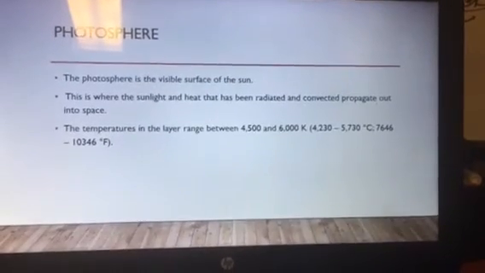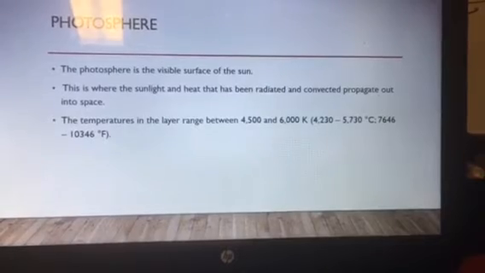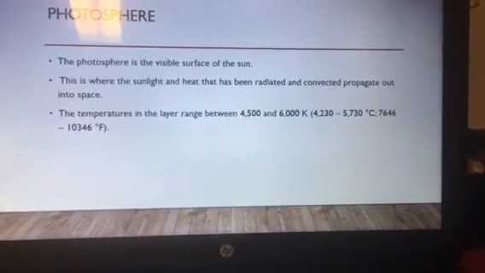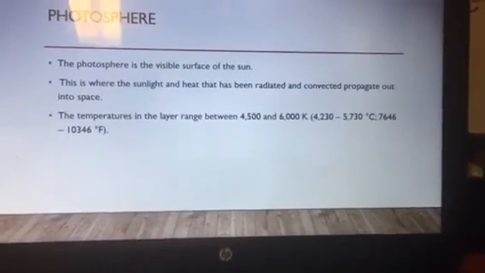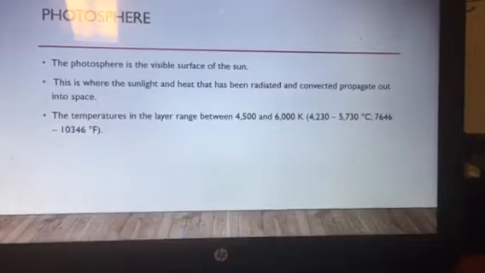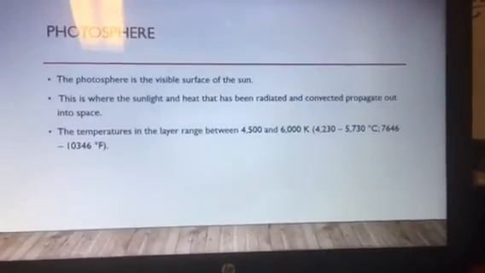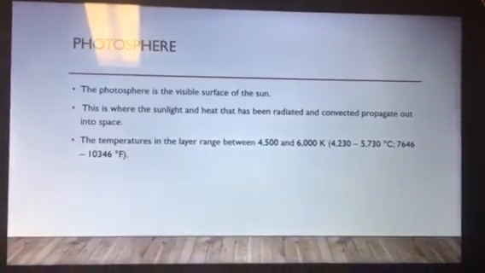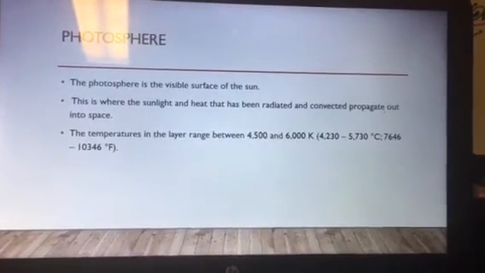This is where the sunlight and heat that has been radiated and convected propagate out into space. Meaning, this is what we can see. We can't see the inside of the sun, but we can see the sun within itself. Back to temperature. The temperature in this layer range between 4,500 and 6,000 K.